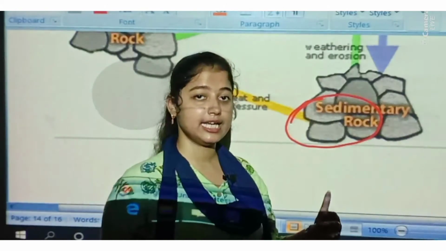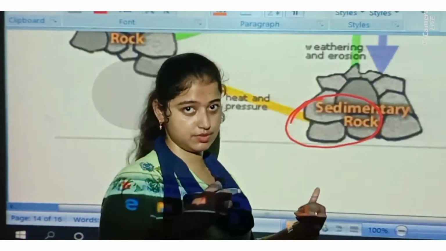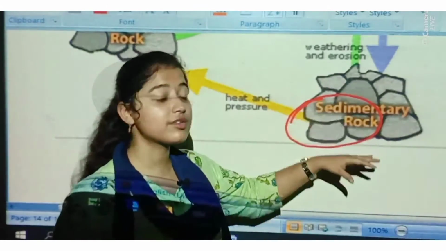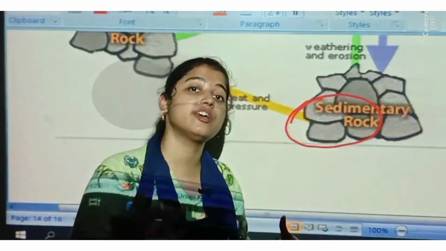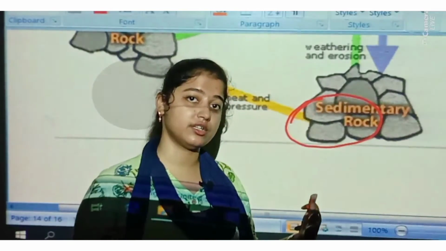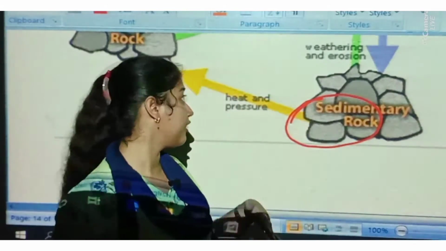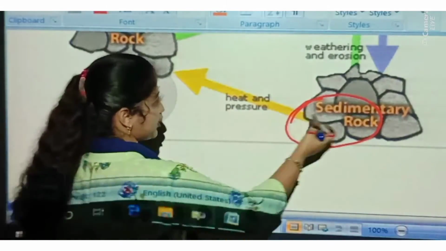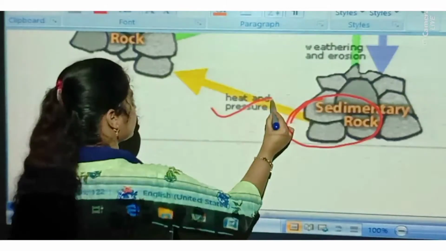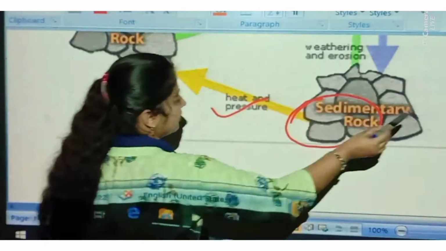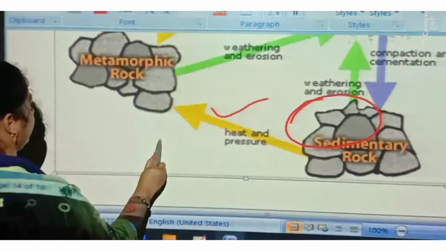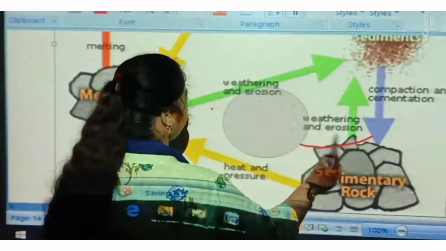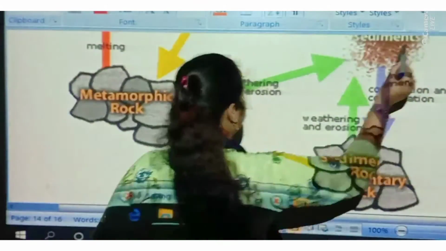We all know from a few minutes ago that igneous rock and also sedimentary rock change their physical composition under pressure and temperature, and turn into metamorphic rock, right?